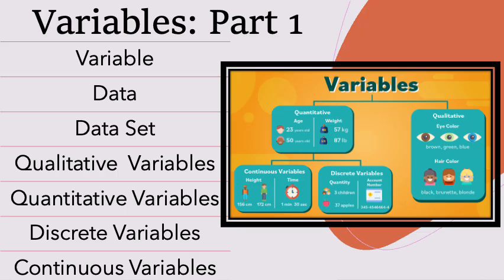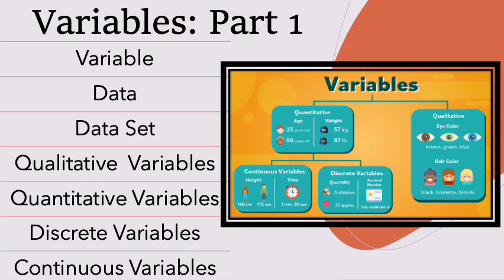Qualitative variables are non-numeric, things such as eye color and hair color. For the purposes of statistical discussion, we are going to focus on the quantitative or numerical variables because these are the variables that are amenable to statistical analysis.